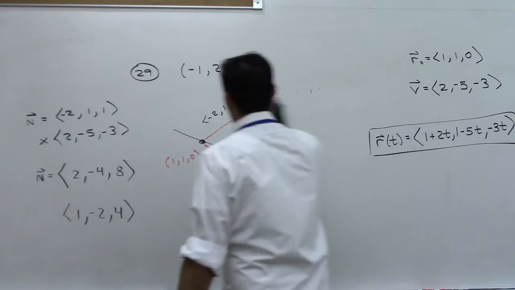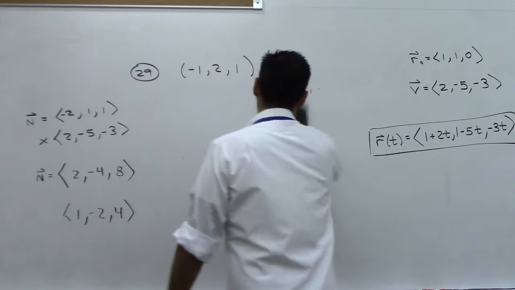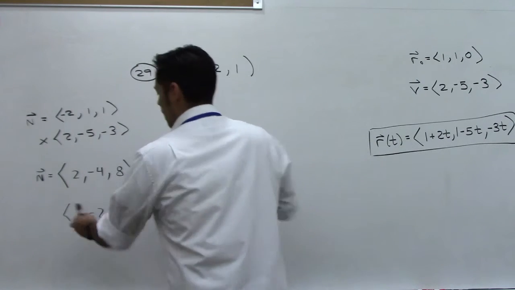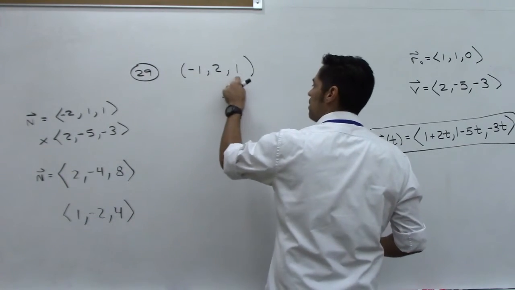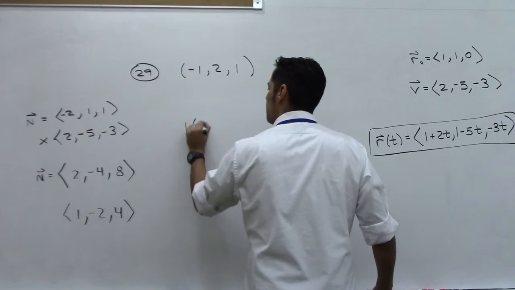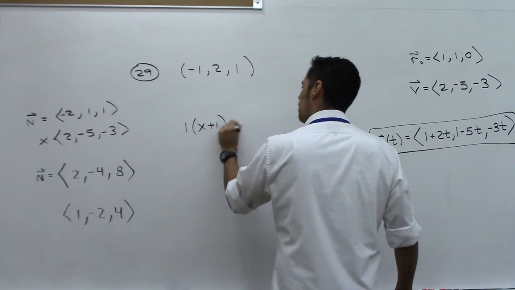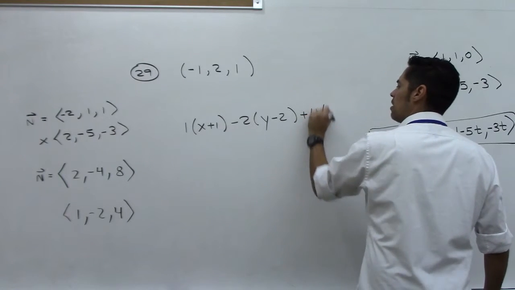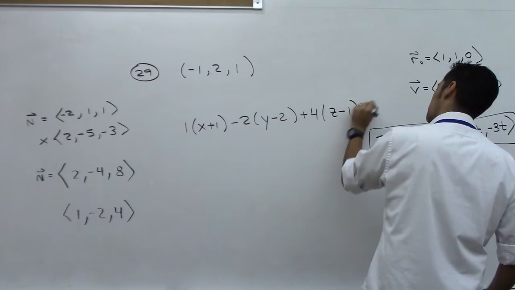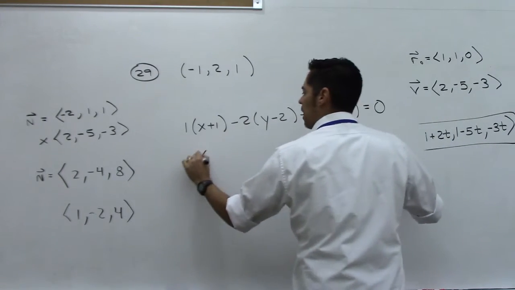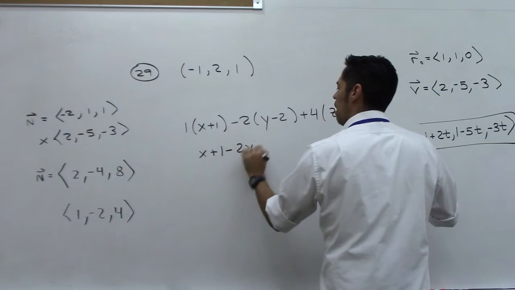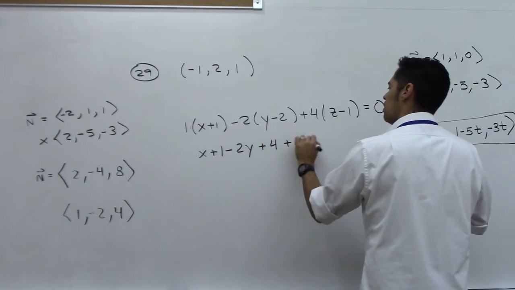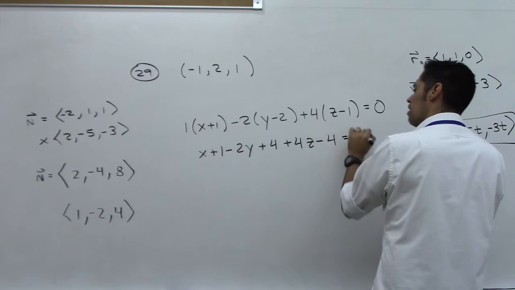So now finally, I'm ready to come up with the equation of the plane. A, B, C, x naught, y naught, z naught. So it'll be 1 times x plus 1, minus 2 times y minus 2, plus 4 times z minus 1 equals 0. And this gives me x plus 1, minus 2y plus 4, plus 4z minus 4 equals 0.